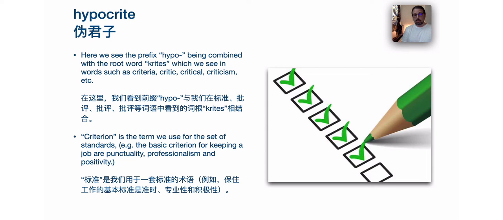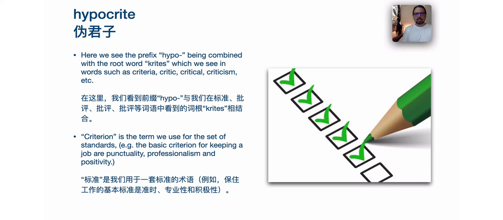When it is combined with the root word crite, we see this root word in the modern day in words such as criteria, critic, critical, and criticism, right? So the crite in hypocrite is connected to the critic in critical or criticism.